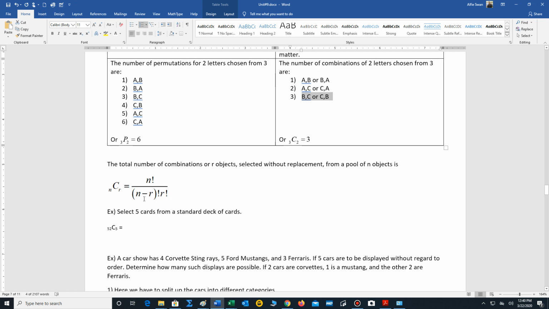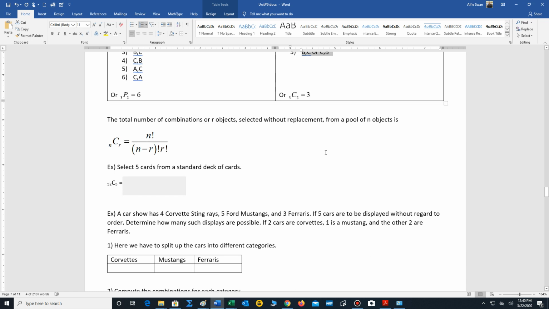It's somewhat similar to the permutation formula. There's one modification. Of course, we're not using P, we're using C for combinations. So n choose r. n is the total number of objects, r is the amount of selections. That's equal to n factorial divided by (n minus r) factorial times r factorial.